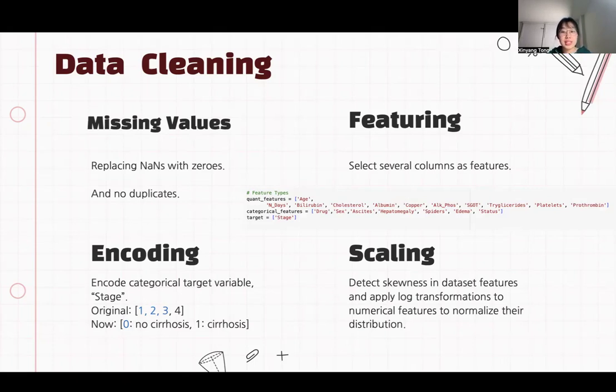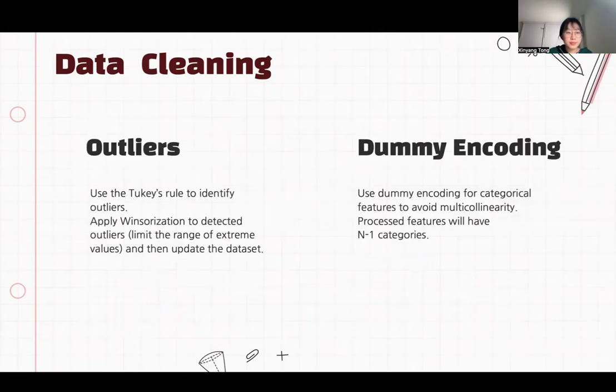We detect skewness in the dataset features and apply log transformations to numerical features to normalize their distribution. After the scaling, we can later increase the accuracy and prediction of the classification models like linear models.